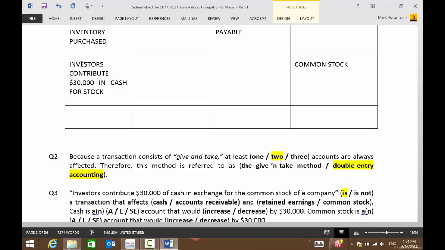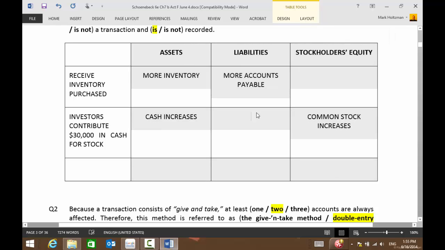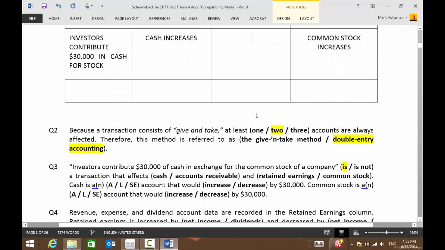What's another account that would be affected here? Cash, which is an asset. So the transaction affects cash and common stock.